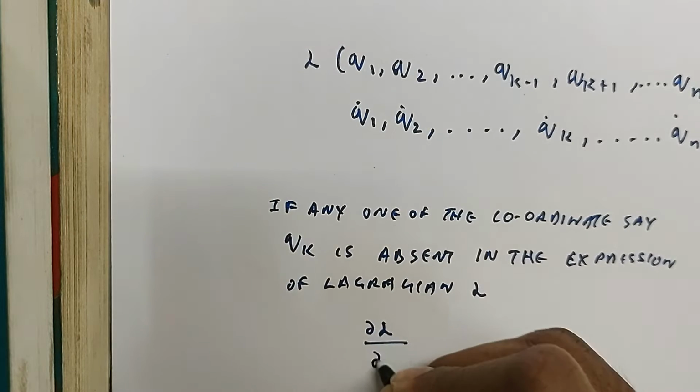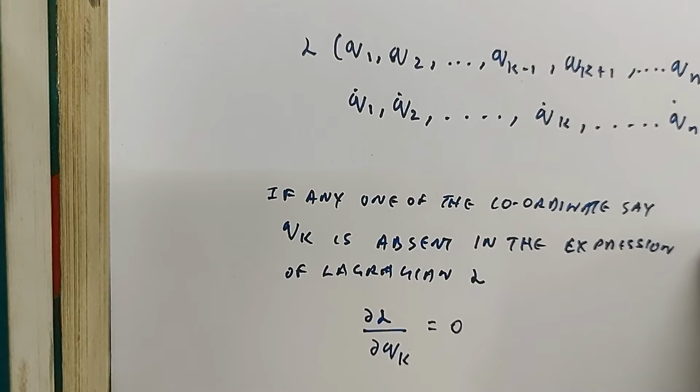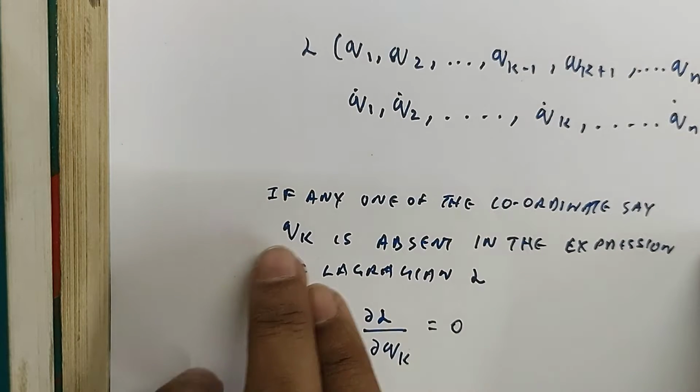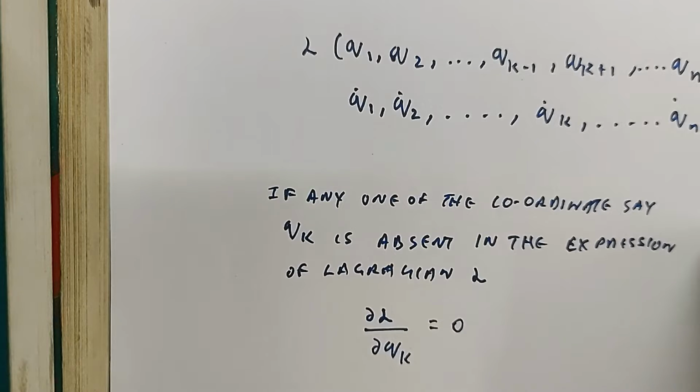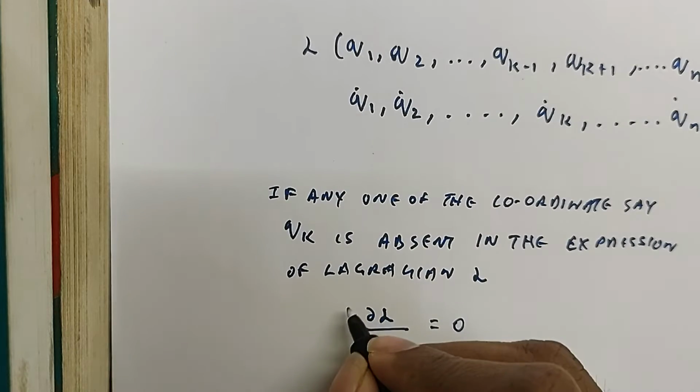That means mathematically this could be my case. So if any one of the coordinates, as I took here qk, is absent in the expression of the Lagrangian L, the partial derivative of L with respect to qk will vanish.